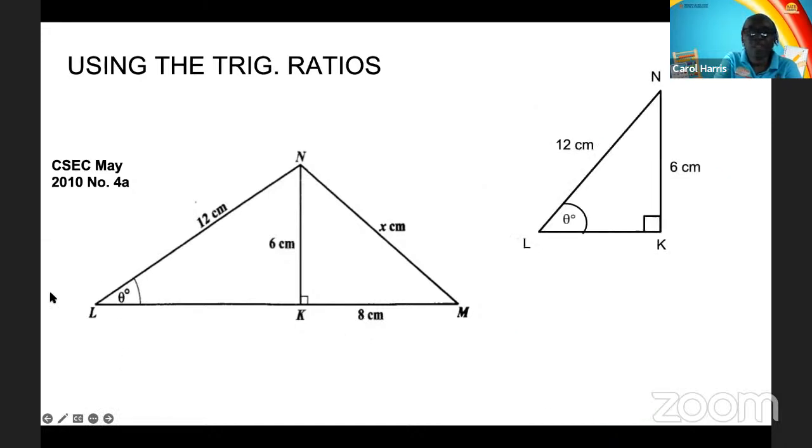Now the other thing they ask us to find is the angle theta. Type and let me know what I'll use to find angle theta. I'm seeing sin and I'm seeing cos, okay? Why would I say cos?